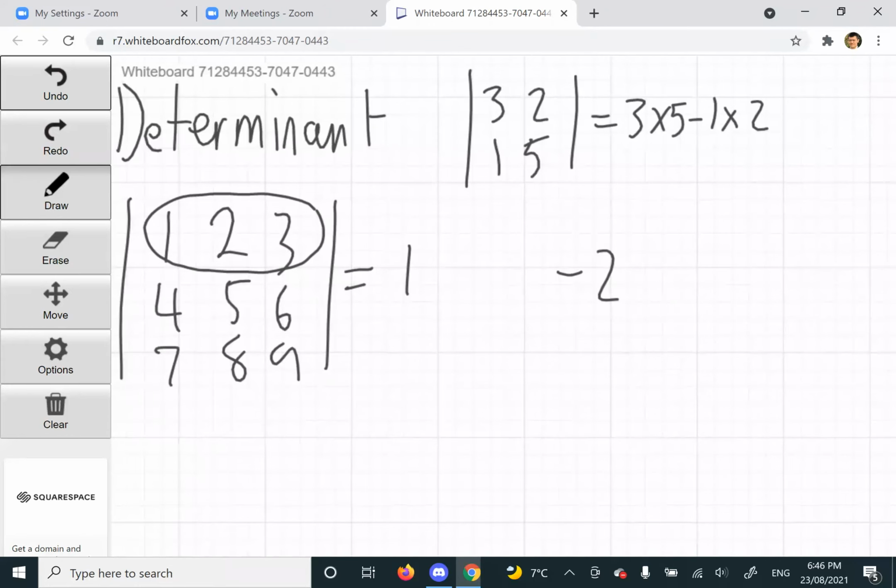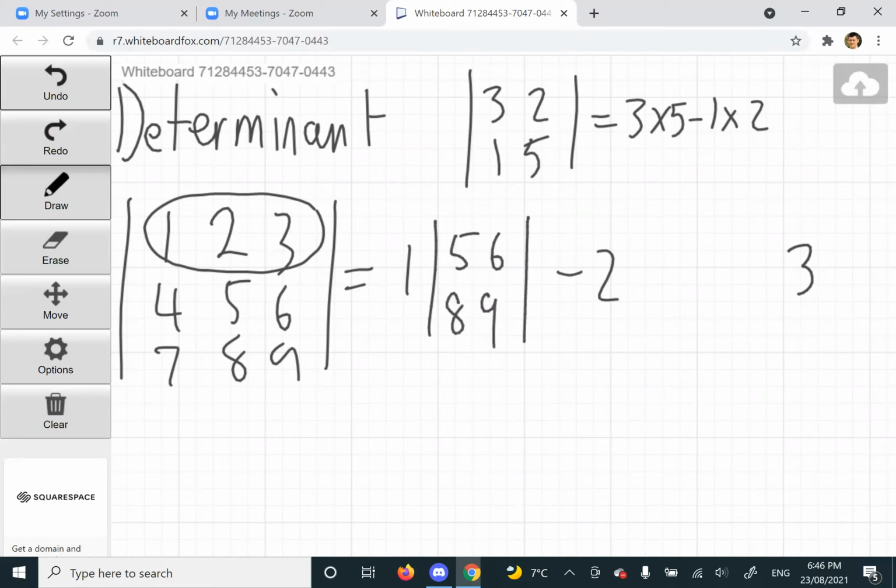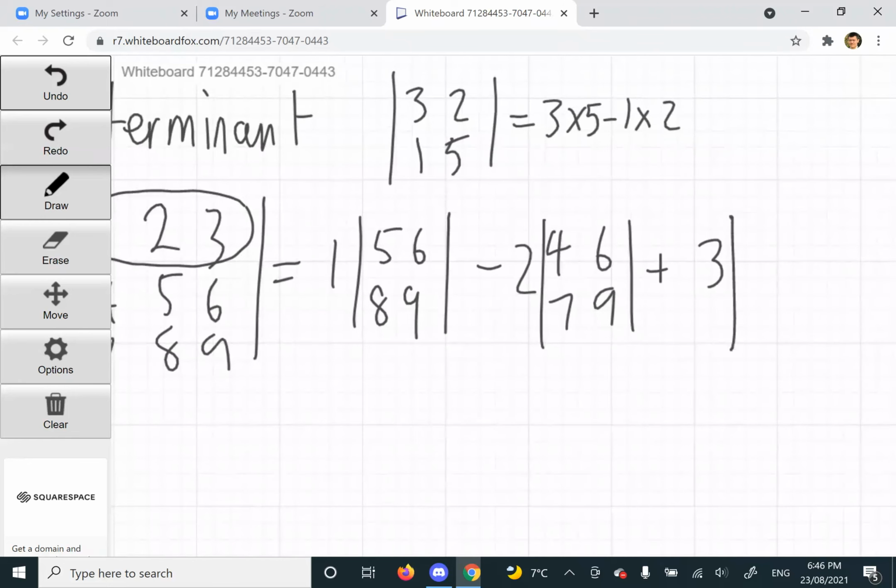So you alternate the signs, and you multiply them by the 2 by 2 determinants, the 2 by 2 that you get if you delete the row and column that the number was on. So here it'd be 5, 6, 8, 9. Here it would be 4, 6, 7, 9. Maybe someone can tell me what this should be here.